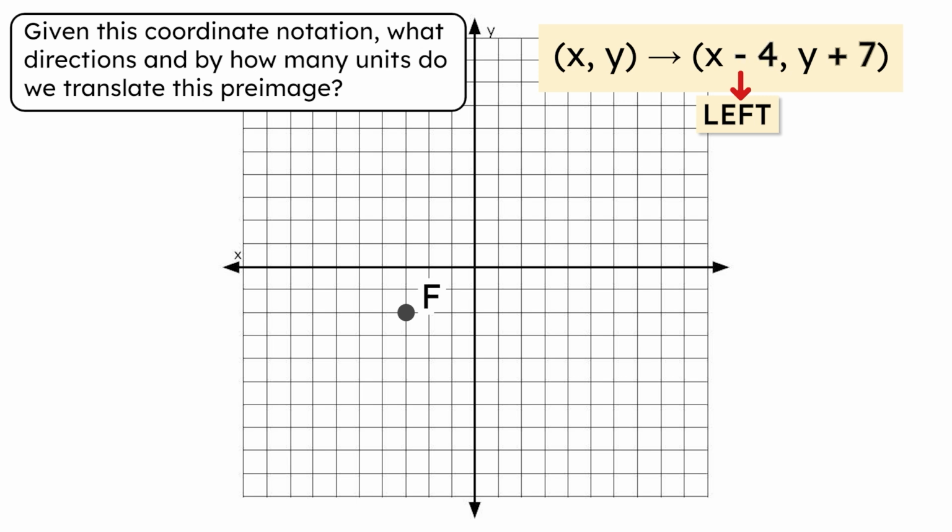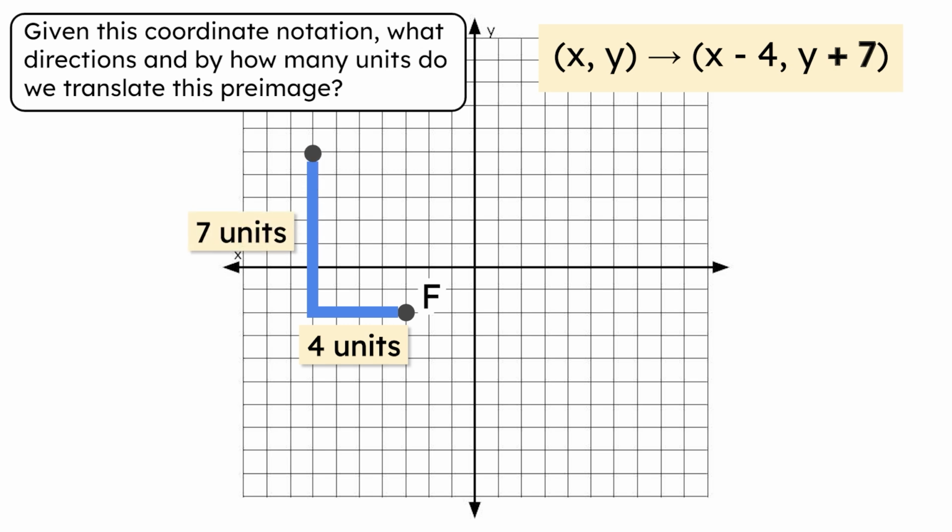Changes to the y-coordinate move the pre-image up or down. Since the y-coordinate increases, the pre-image translates up. We can conclude that the pre-image translates left 4 units and up 7 units, in any order, creating point F prime.